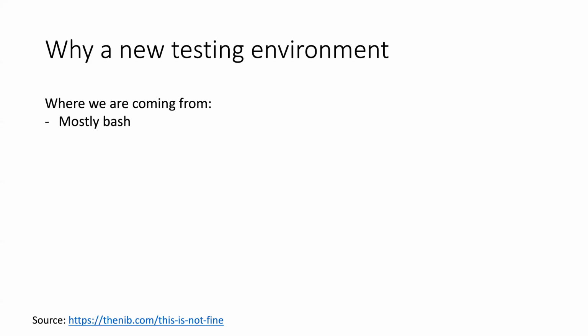Another pain point of Bash is really bad error handling, and you have to do everything on your own. So we really want to get rid of this and move to a better language or a better environment to run our tests. Then another thing with our current tests is that the execution of these integration tests is split.